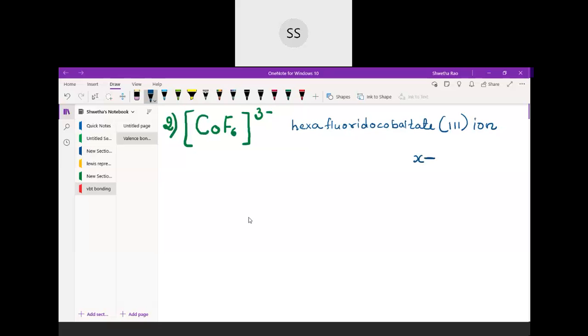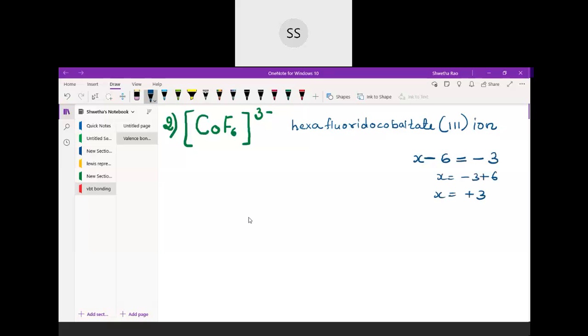Like that we have 6 fluorine. So X into -6 because 6 fluorine is there, and the whole charge on the complex is -3. So X is equal to -3 plus 6. So that is going to be +3. So that means this metal ion is also in the +3 oxidation state like how we had the first one.